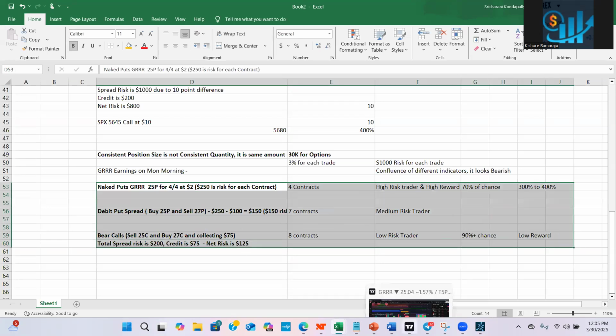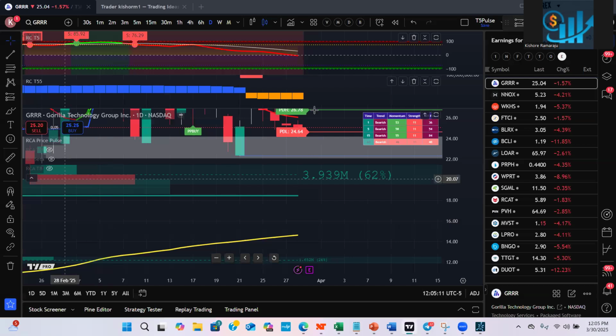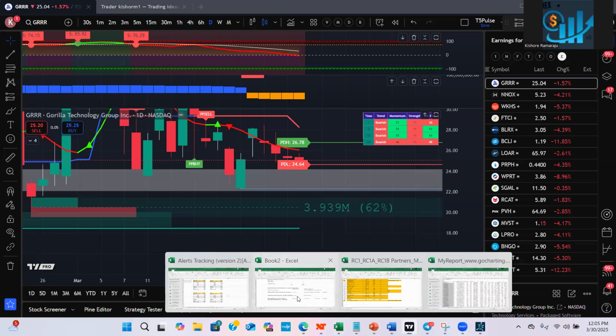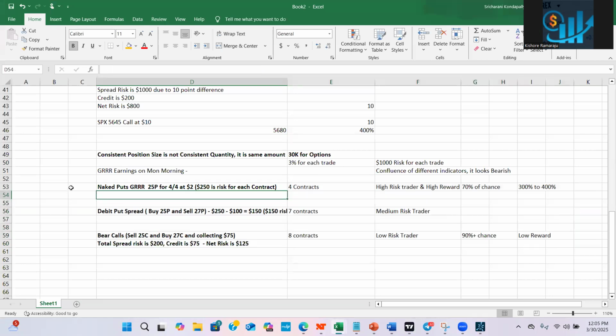First thing is look at different indicators, understand whether it is bullish or bearish. Second thing we are doing is, okay, for my type of nature, I am more of a risk taker, I'll go with this. I am a low risk taker, right? I want a 90% chance of making money with low risk, then I'll go with a bear call spread.